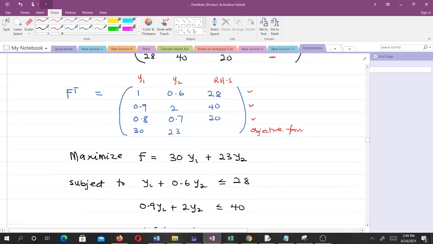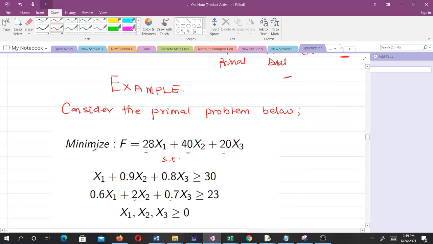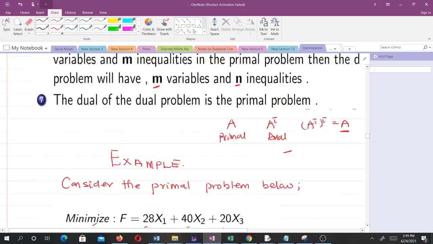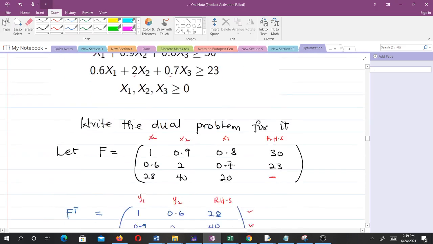Now from here we can write the dual. If you could recall, the question was minimize. The first point says that if the primal problem is a maximization, then the dual is a minimization problem and vice versa. Because the primal was minimized, the dual is going to be a maximization.